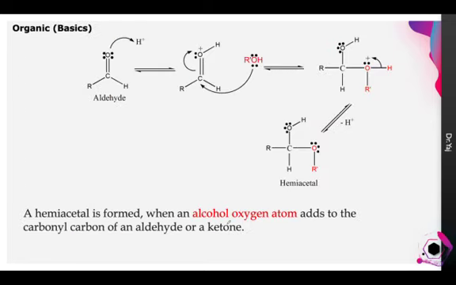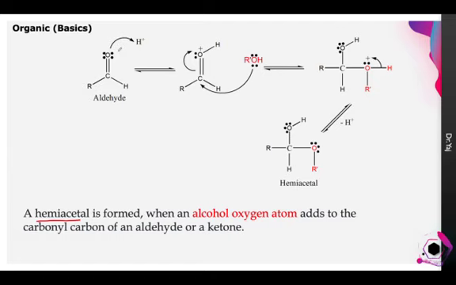Before we go into the bonds that are involved in the formation of glycogen, let us go back to a very basic concept in organic chemistry known as the formation of hemiacetal.